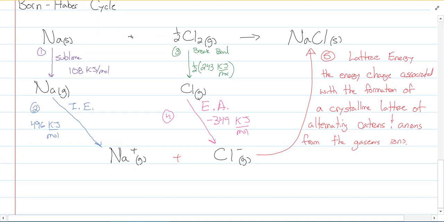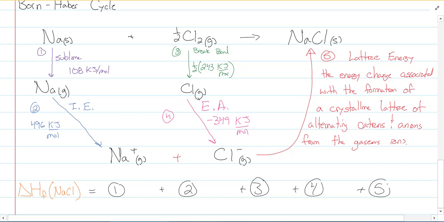And how lattice energy would be calculated is we would use that enthalpy of formation, delta HF for NaCl, and would equal all the steps. Step 1 plus step 2 plus step 3 plus step 4 plus step 5. And what are the steps again? Well, the first one was sublimation.